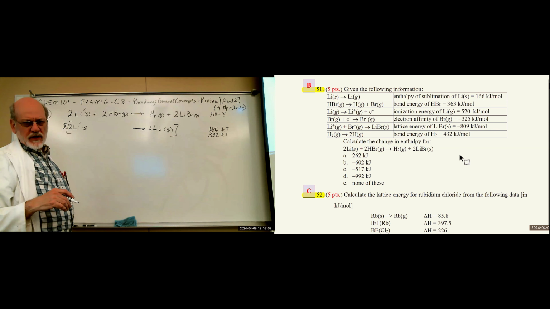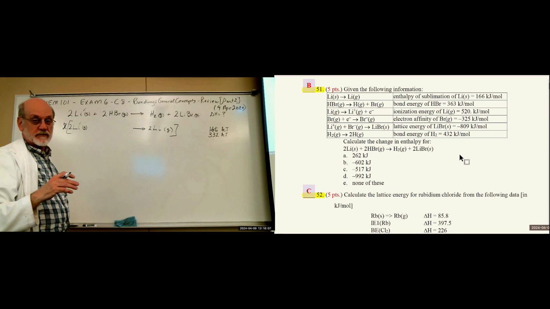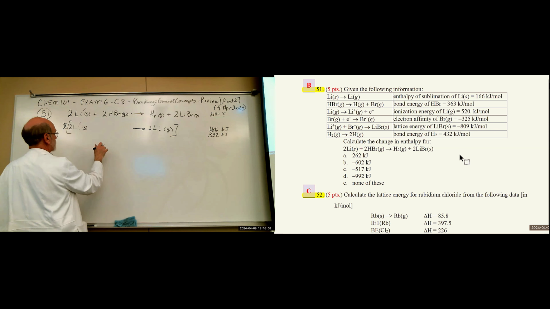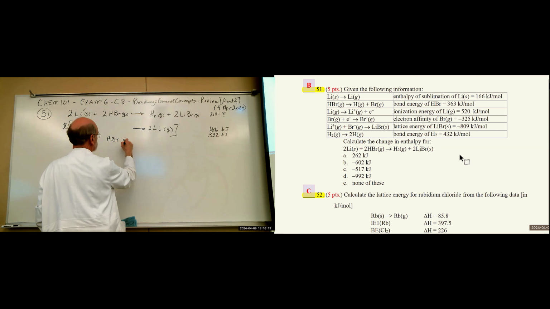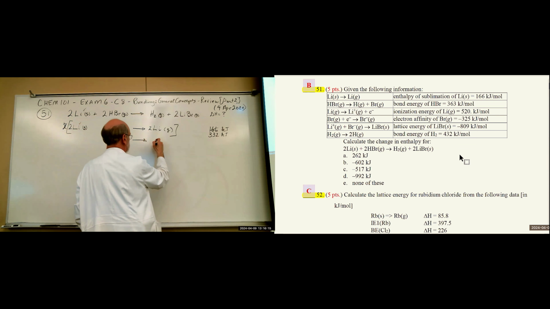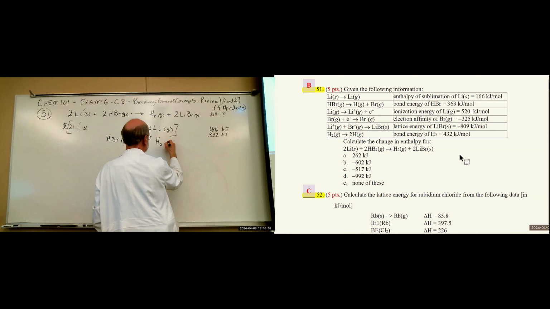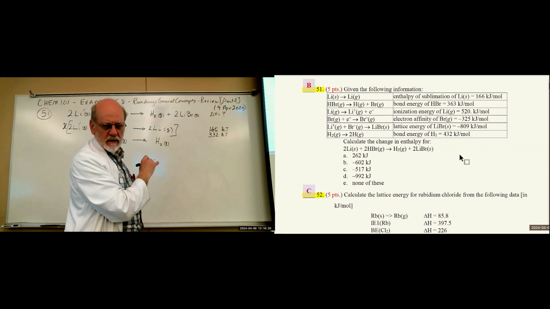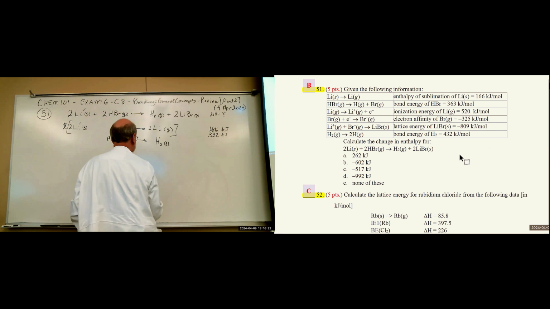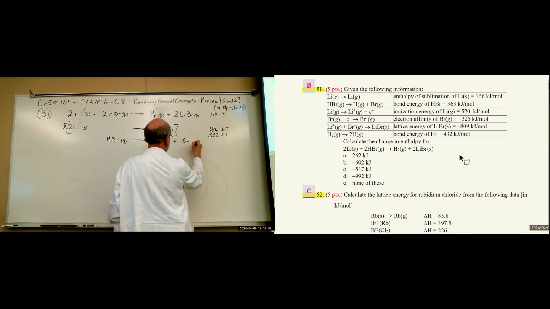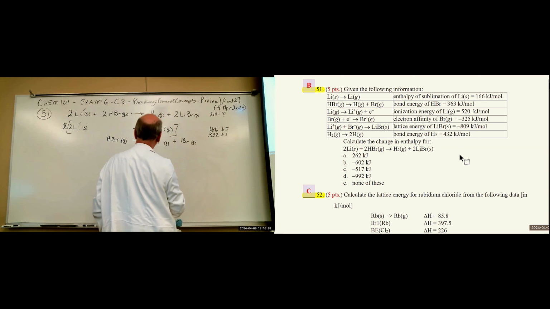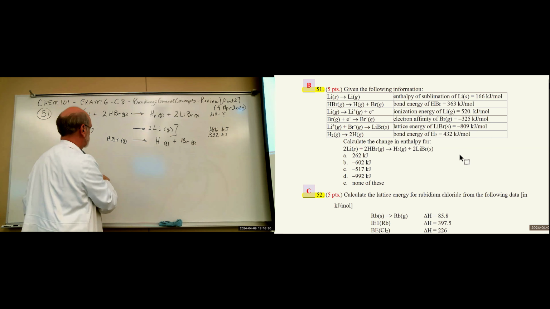Next, HBr. HBr goes to H and Br. That's the bond energy for HBr. So if we do HBr gas, and it produces H gas, sorry, H gas plus Br gas. But we need 2 of them.